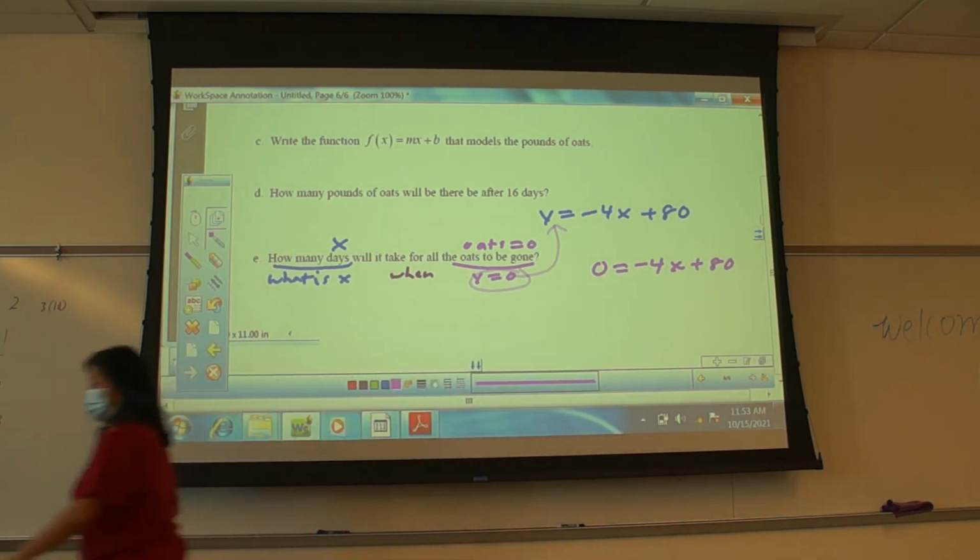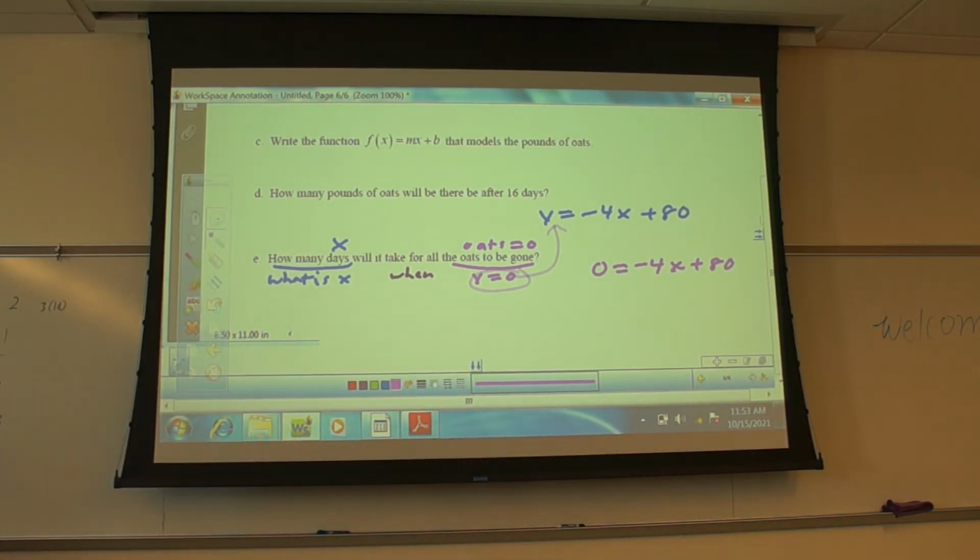Don't forget to draw your line for success right in the middle. Keep these two parts separate. Subtract 80. Subtract 80. What do you do when you subtract 80 from both sides? You get negative 80 equals negative 4x. And then what do I do?